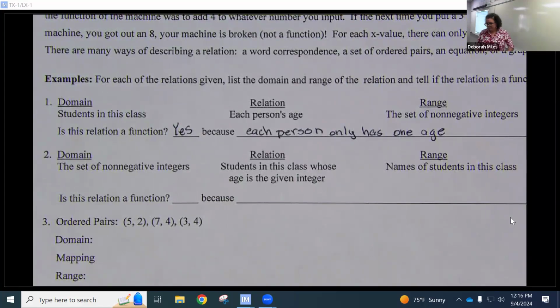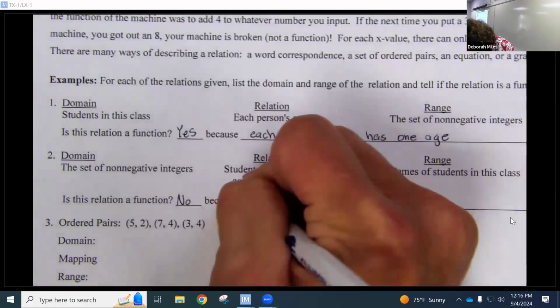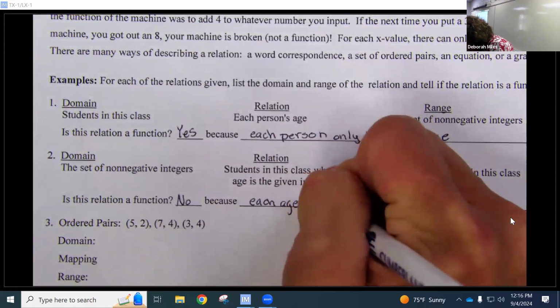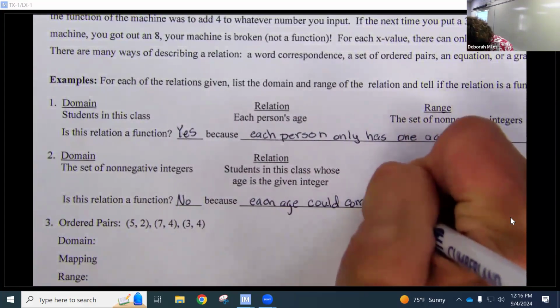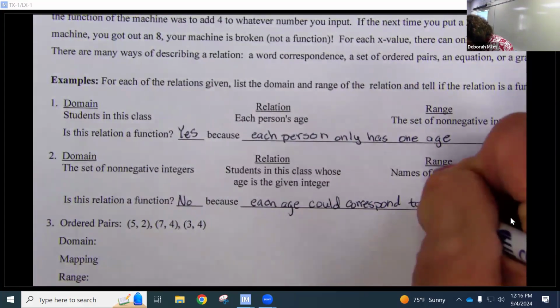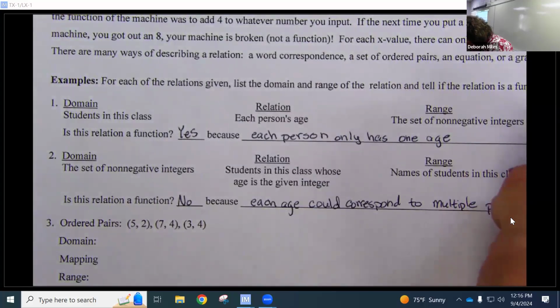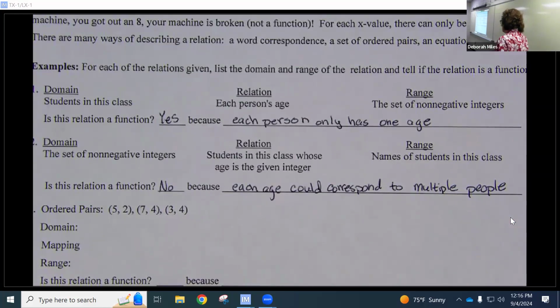So no, that's not a function because each age could correspond to multiple people. If my x is an age and my y is a name, there could be one x that had more than one y. Not a function.